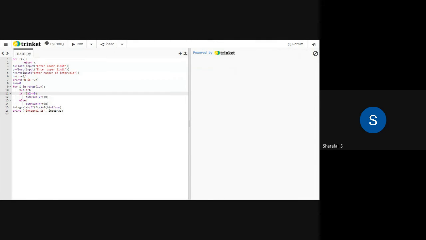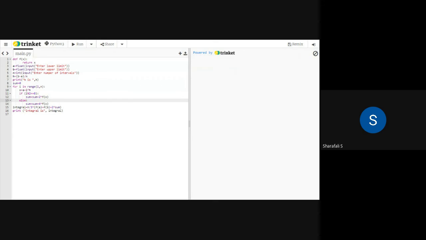When it becomes 2, you are checking if I mod 2 is equal to 0. Yes, it is 0, because 2 by 2 is giving you 0 remainder. So this is right. Then it will go to this step, so that your sum will become sum plus 2 times f of x, which means 2 times f of x2.